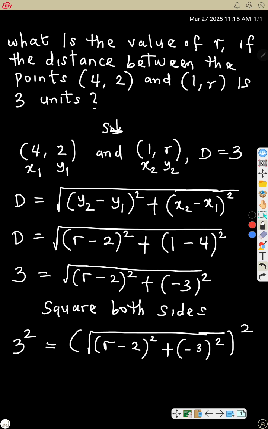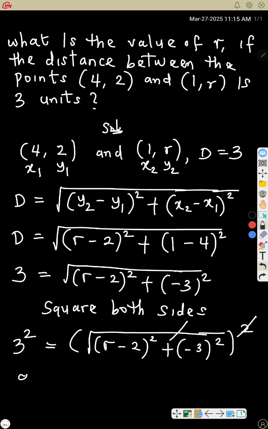Like we square both sides, that is put a square here, put a square here, that's the meaning. If you square both sides, this square will cancel the root. That is why we square both sides.